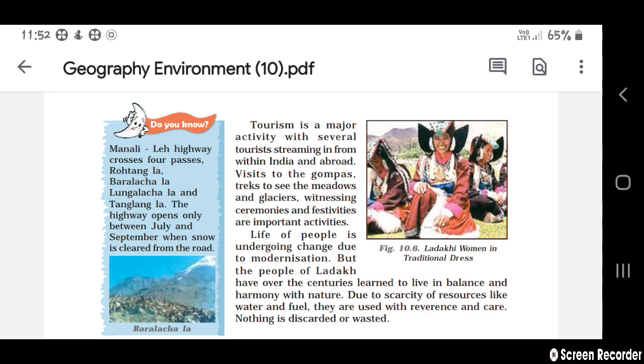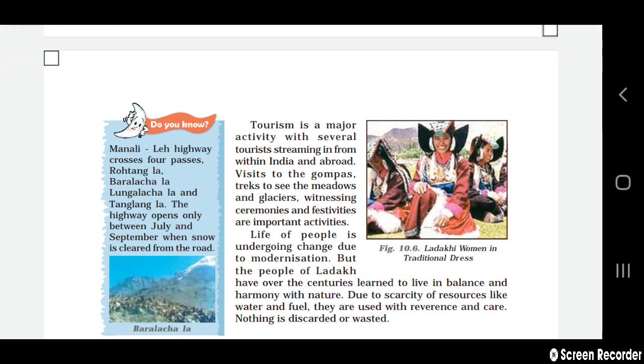Several tourists streaming in from India and abroad come to see these places. They visit the Gompas, trek to see the meadows and glaciers, and witness ceremonies and festivals. They are important activities done by the people of Ladakh.